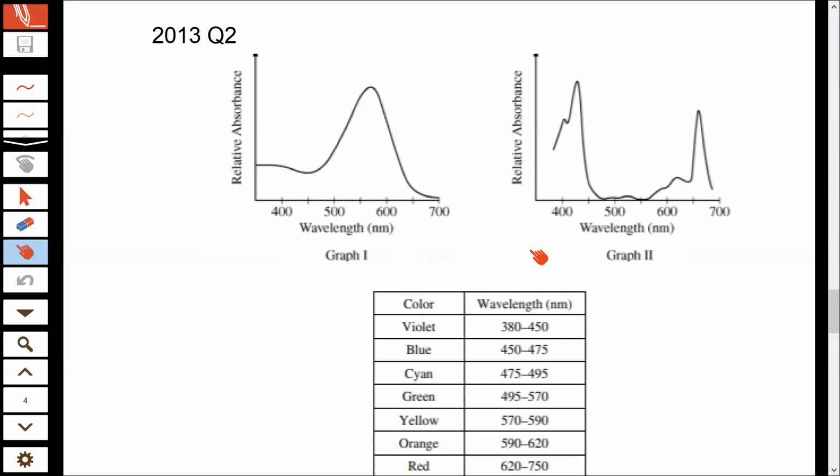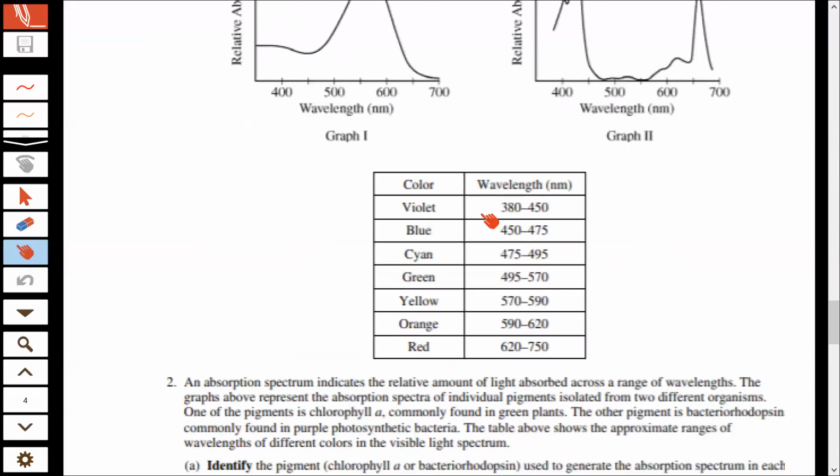We're looking at the wavelength of light that shines and the relative absorbance. And we have apparently two different kinds of photosynthetic organisms here. So let's look at what this says. An absorption spectrum indicates the relative amount of light absorbed across a range of wavelengths.